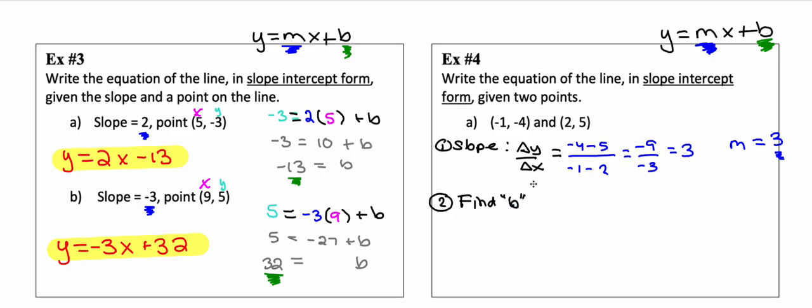Find b. With this, you just want to pick a coordinate. Now, both of these coordinates are allowed to be used. You could pick either coordinate and plug it in like we did on example 3. It doesn't matter which coordinate. I am going to pick the coordinate 2, 5. So in this case, my y is 5.